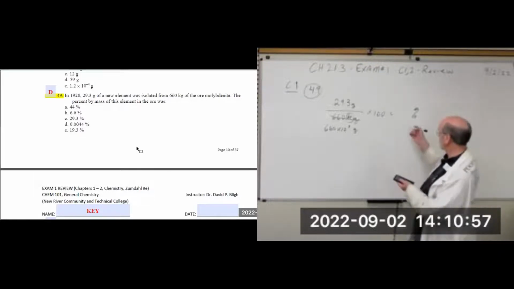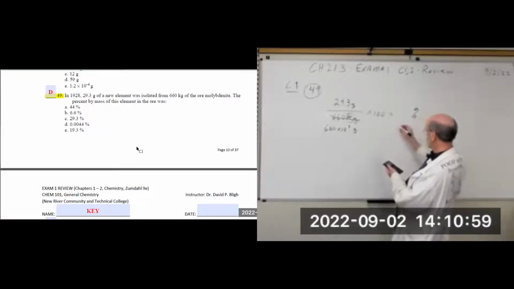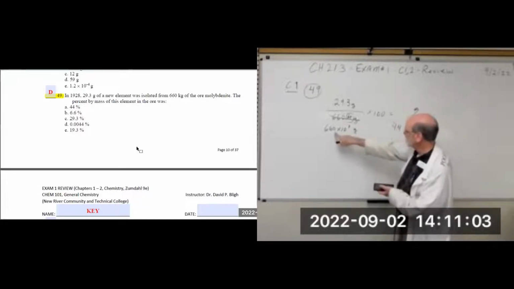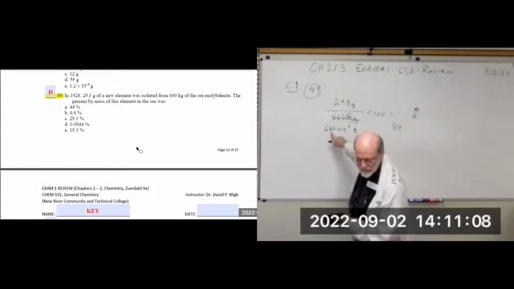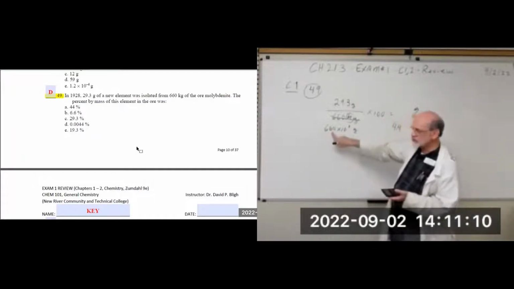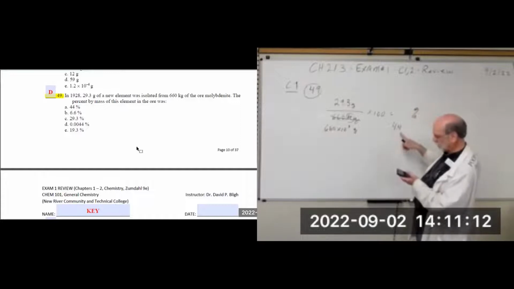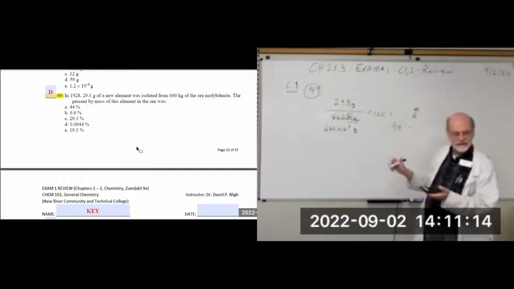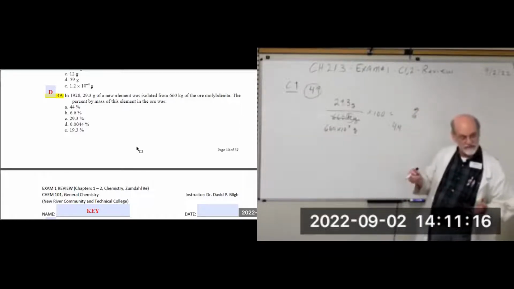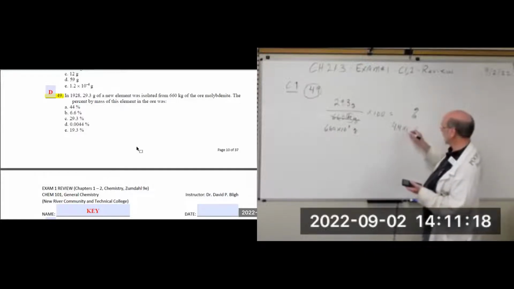So I get, in scientific notation, 4.4. Wait a minute, that's only 2 significant figures, isn't it? Did I write that right? Yep, that's only 2 significant figures. So 4.439, the 3 is less than 5, so 4.4 times 10 to the minus 3 percent.